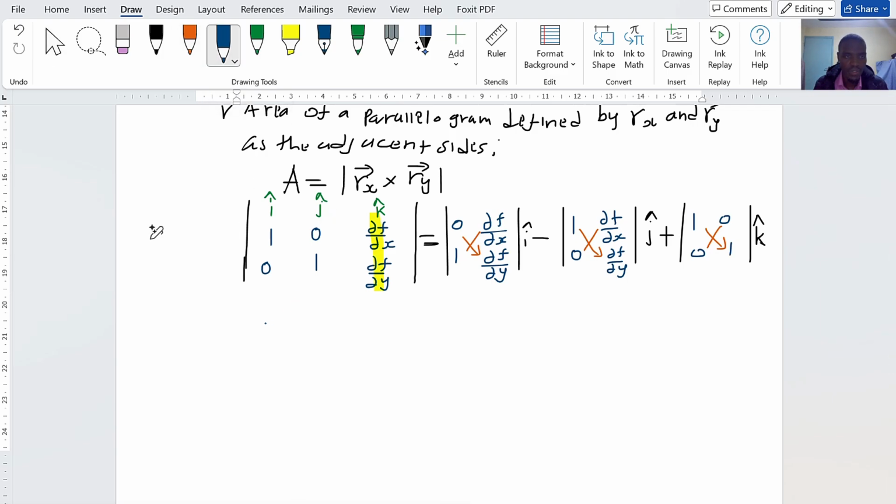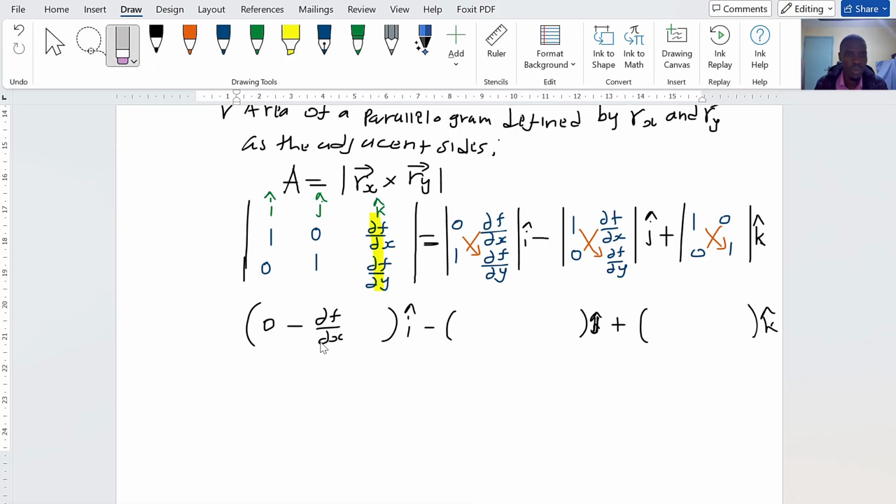So when we do that, we'll get our i, then our j, then plus our k. Now on i, we have 0 times df dy is 0, minus df dx times 1 is just df dx.